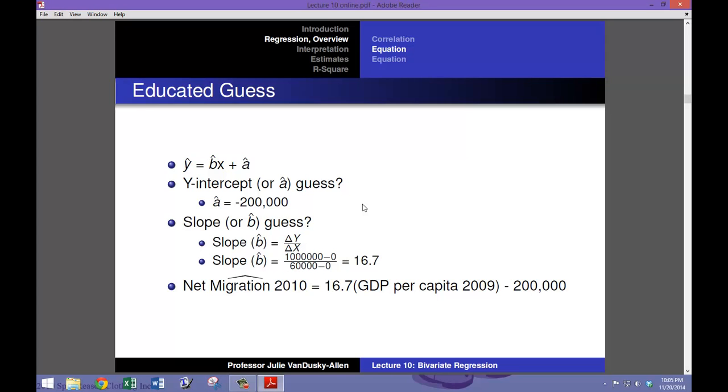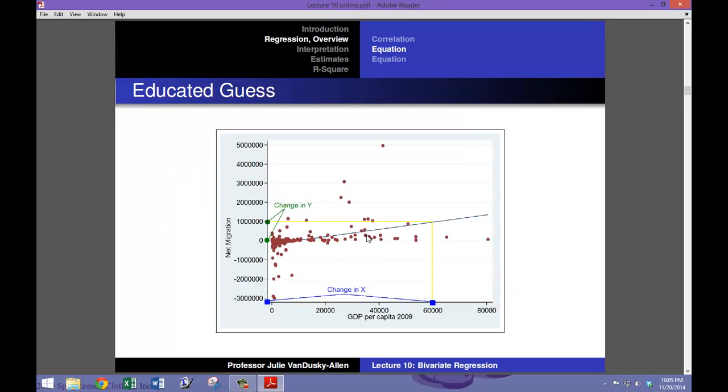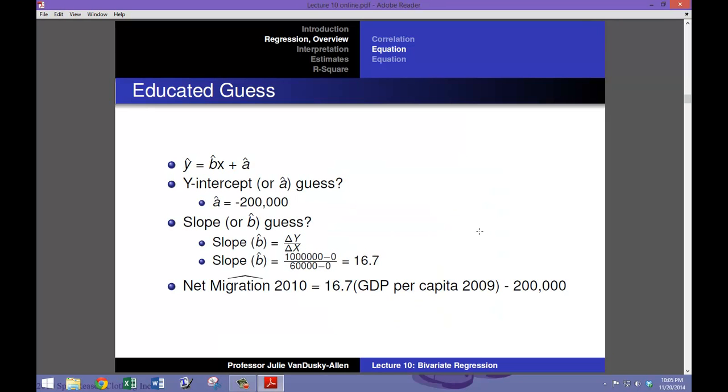Next, the slope b hat is simply the change in y over the change in x. So I used the point where the line passed through the y-intercept and the point here and calculated the slope based on the values of y and x at these 2 points. Y went from 0 to 1 million. So for the numerator, I calculate 1 million minus 0.